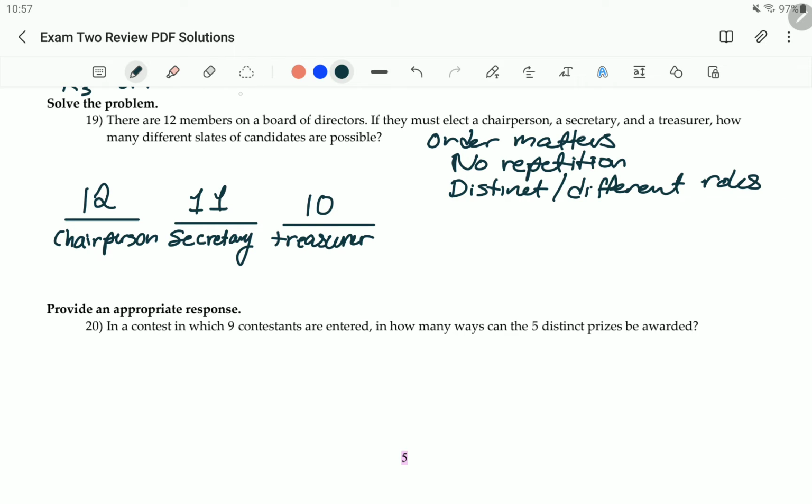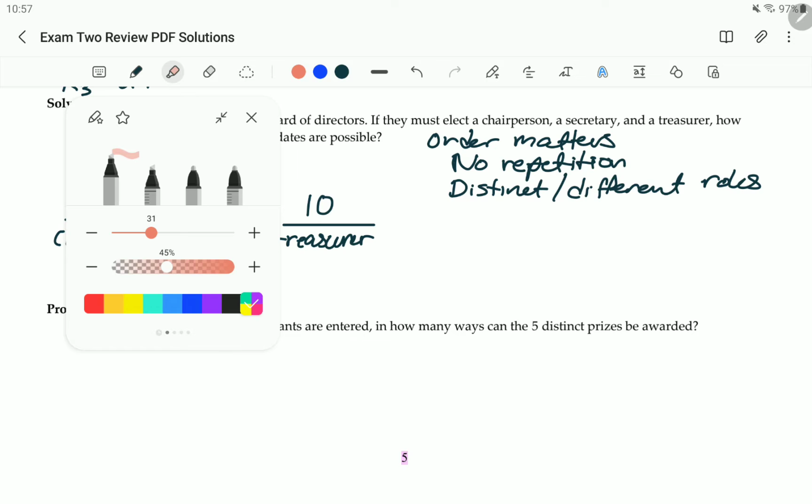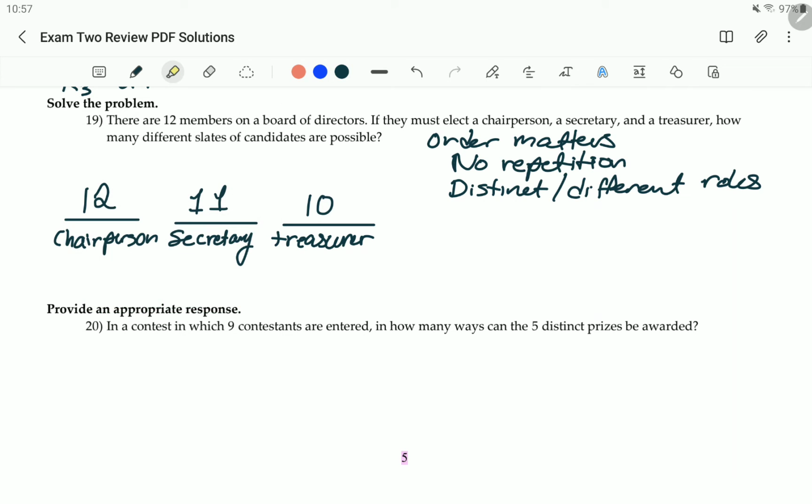And because it says how many possible slates of candidates are possible, if they must select a chairperson, a secretary, and a treasurer, we can multiply. 12 times 11 times 10 equals 1,320 ways.